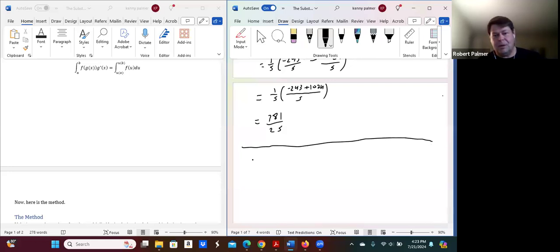Okay, let's call this number 2. So let's do the integral from, I believe, pi over 4 to pi, what I've written down, of cosine of x over sine squared of x dx.